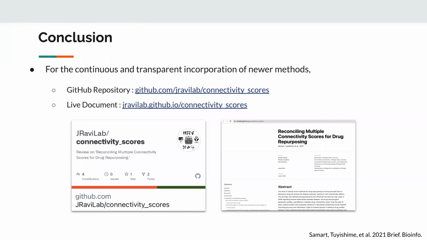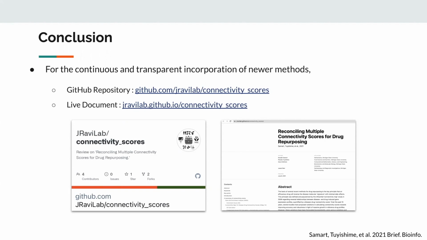As you can see, our effort helped us gain significant insights into disease-drug connectivity scores. A project like this is also important for many subfields in computational biology because new methods have been continuously developed over time. For the continuous and transparent incorporation of newer methods, in addition to a traditional paper, we created an online live document and an accompanying GitHub repository that anyone can use to add detailed descriptions of newer methods using the same notation.